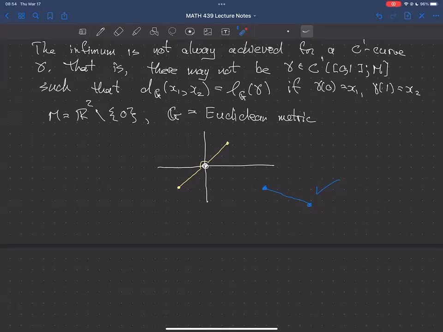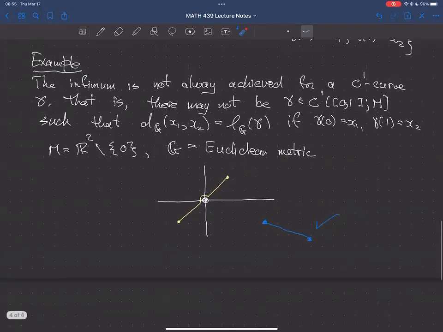So it's very easy to find examples, and this might not surprise you to know that this is a problem of completeness of the metric space M with this distance function. In 334, I guess you talked about completeness of normed vector spaces. Well, normed vector spaces are particular examples of metric spaces where the metric is just determined by the norm.